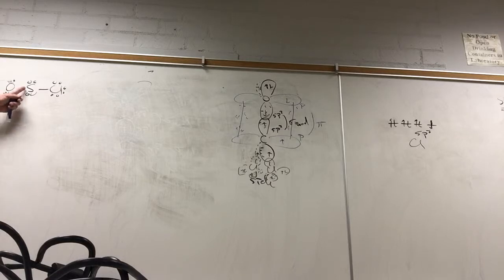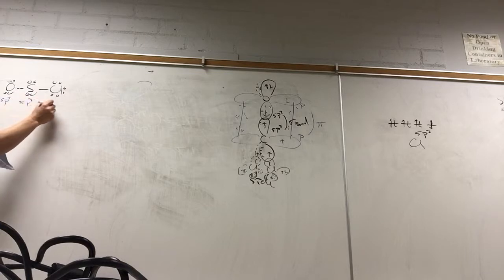Here, this is not a peroxide link. An OO bond is bad, but an OS should be okay. What's the hybridization on these? Well, what's the hybridization on chlorine? sp3. Oxygen, 1, 2, 3, 4. Sulfur. They're all sp3.